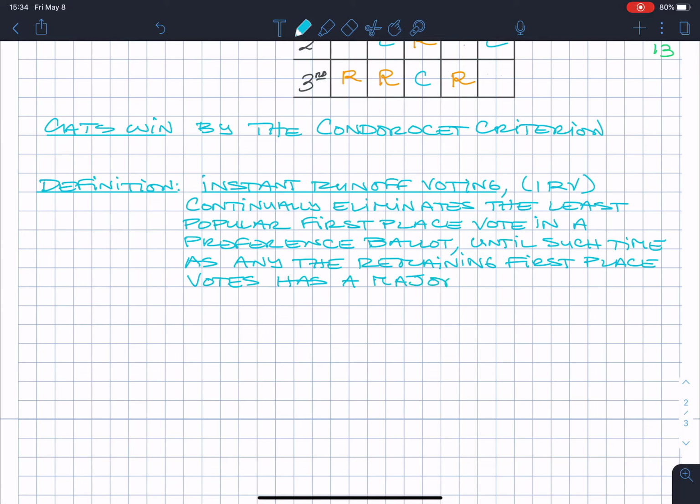And a majority is over 50% of the votes.